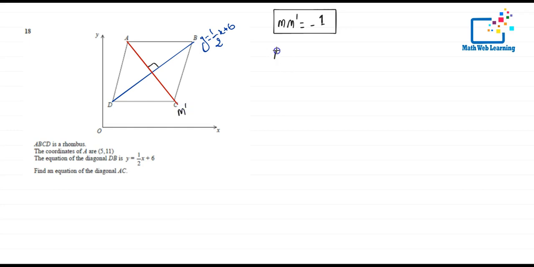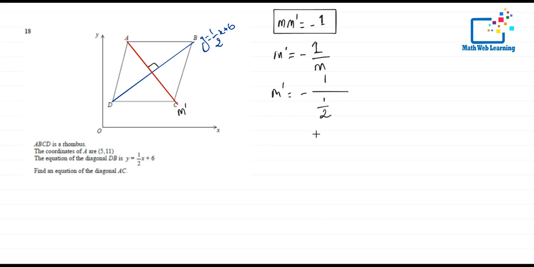So what will be m prime using that formula? You could make m prime the subject, so you divide both sides by m. It's going to be minus 1 over m. So basically, m prime is minus 1 divided by the gradient m. The blue line is a half.